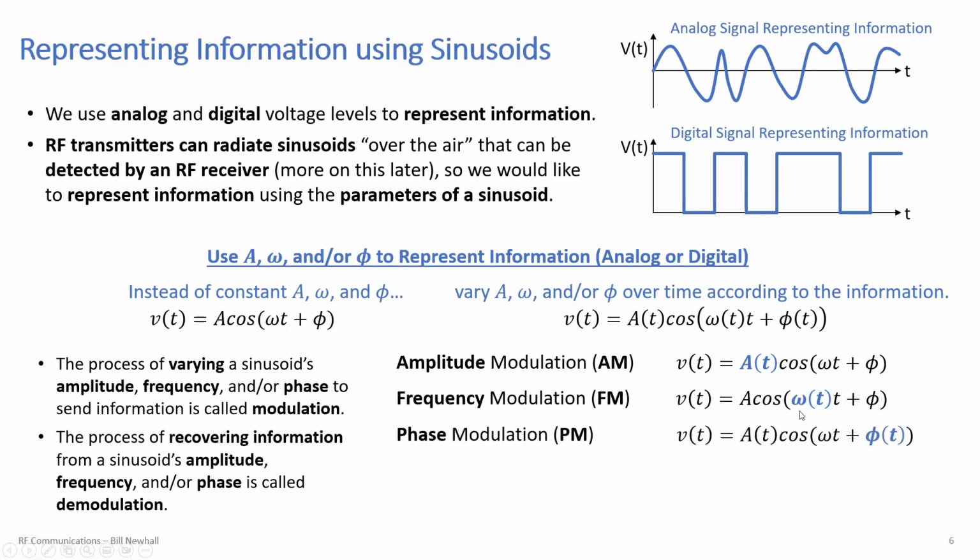And then you have phase modulation. You could also take characteristics like the amplitude of this analog signal and have that change the phase. So that information is being encoded or used to change the sinusoid. These are all used for different applications, and they have different characteristics.